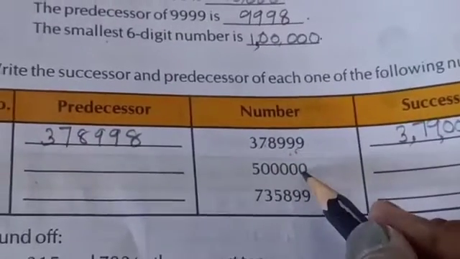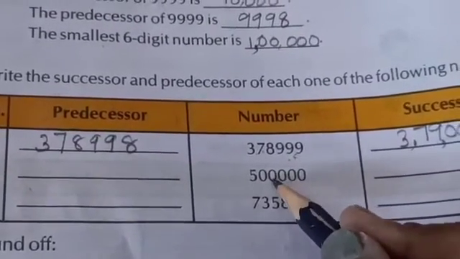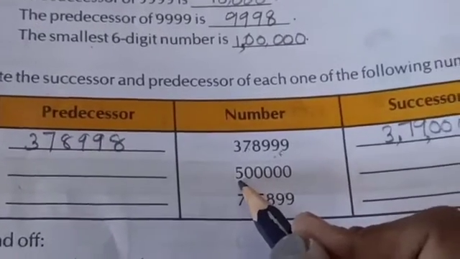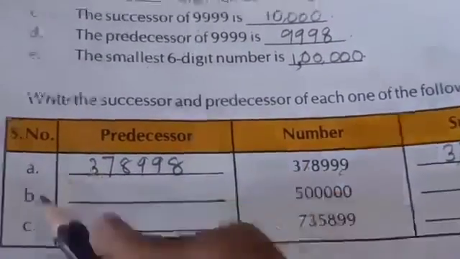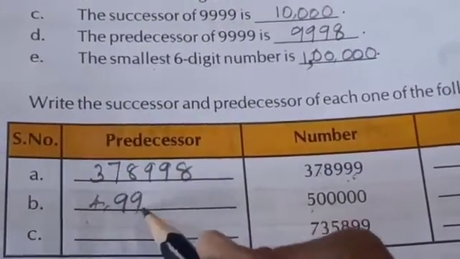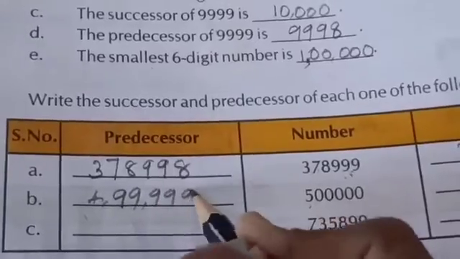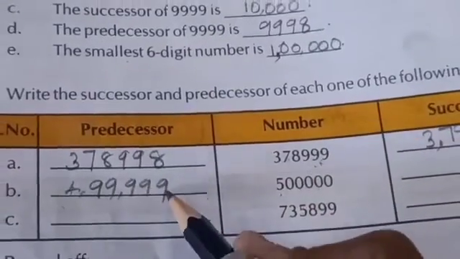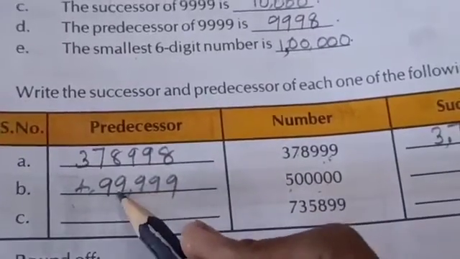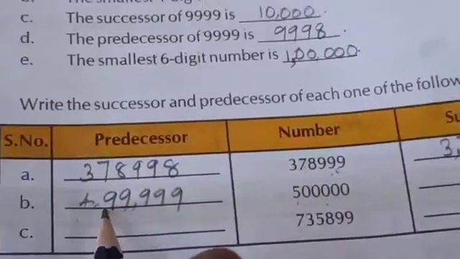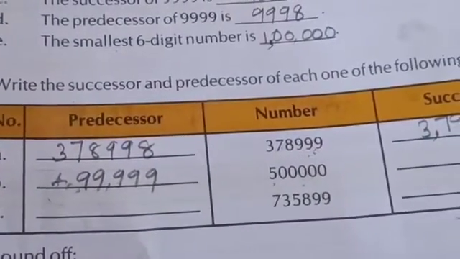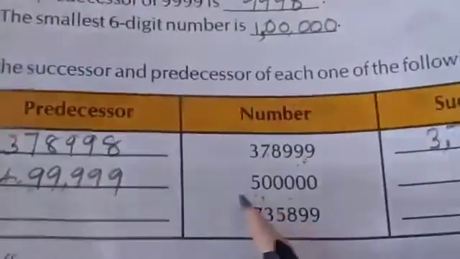Okay, here next one: ones, tens, hundreds, thousands, 10,000s, lakhs. 5 lakhs here. For 5 lakhs, what is the number before? 4,99,999. If we add 1 to this, we get 5 lakh. So 4,99,999 is the predecessor.